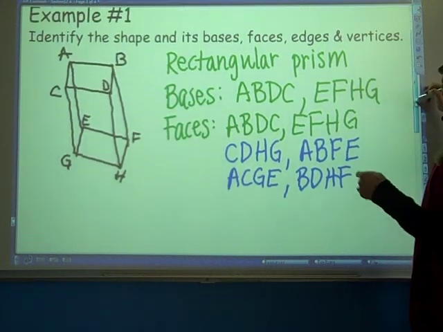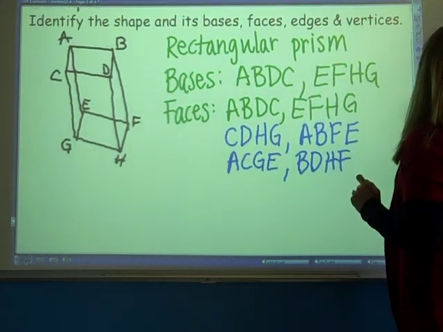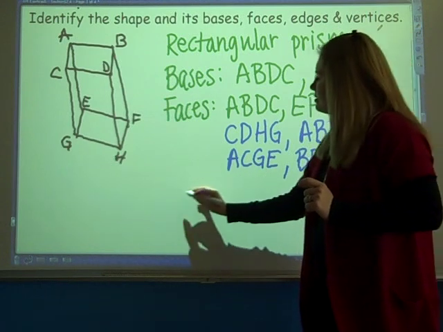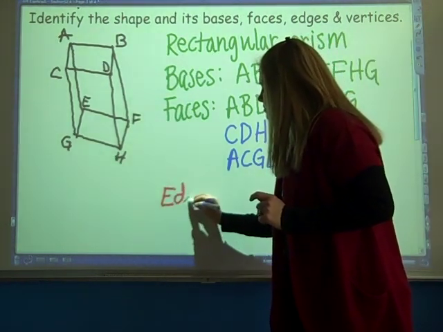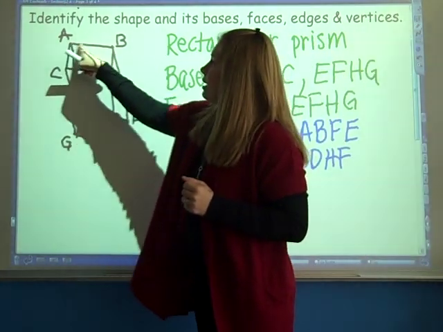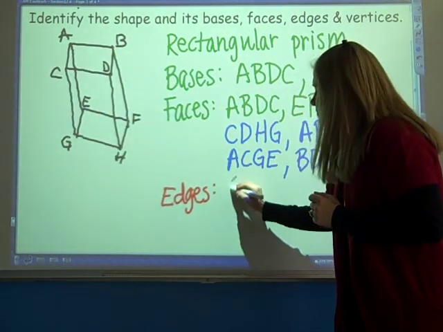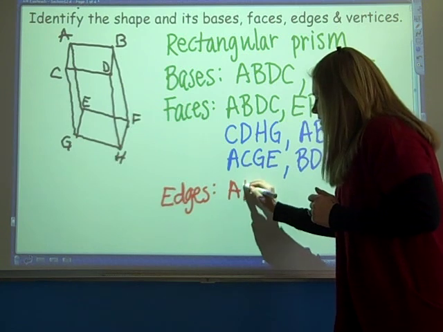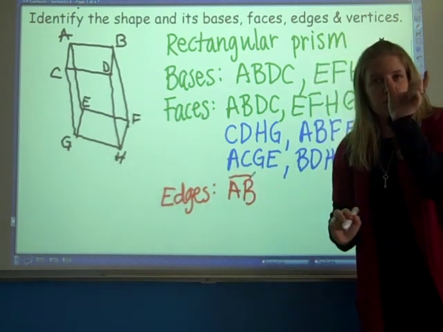Alright, after bases and faces we do edges. Edges are the line segments. So AB would be a line segment. To name a line segment, you put a little line over it.